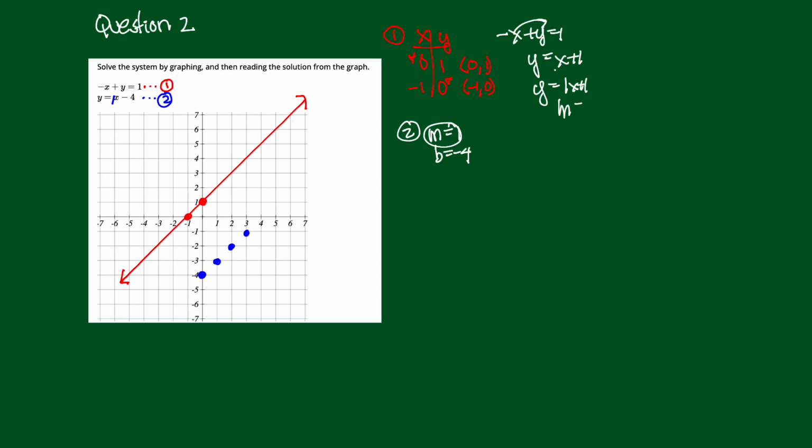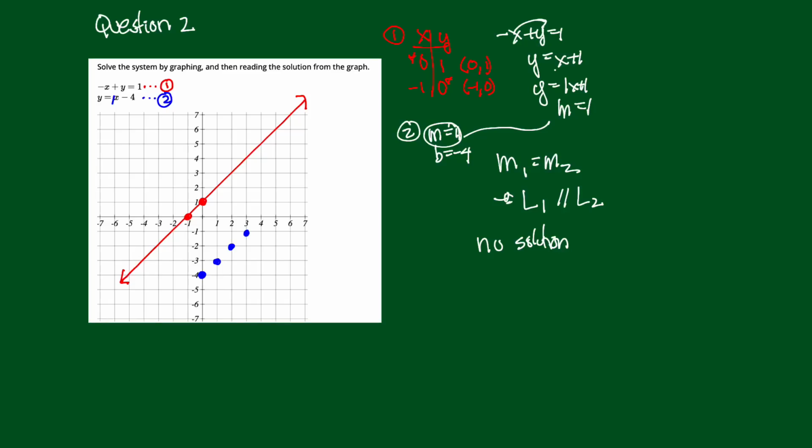Here, the slope is also 1. So the slope of line 1 is equal to the slope of line 2. That implies that line 1 is parallel to line 2. So no solution.